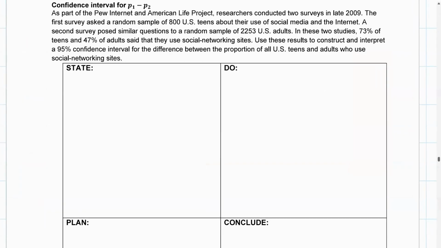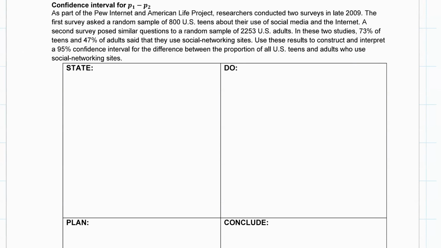It says, as part of the Pew Internet and American Life project, researchers conducted 2 surveys in late 2009. The first survey asked a random sample of 800 US teens about their use of social media and the internet. A second survey posed similar questions to a random sample of 2,253 US adults.